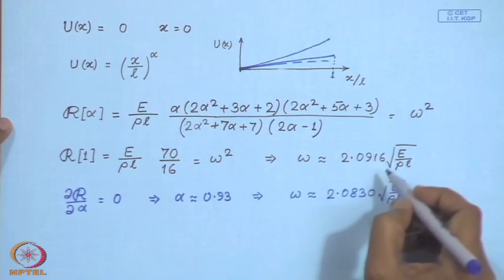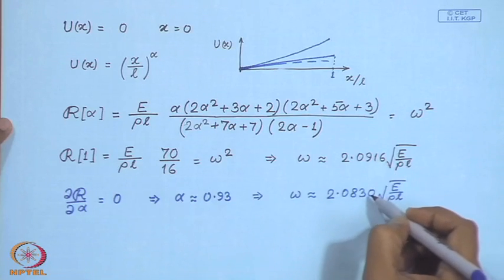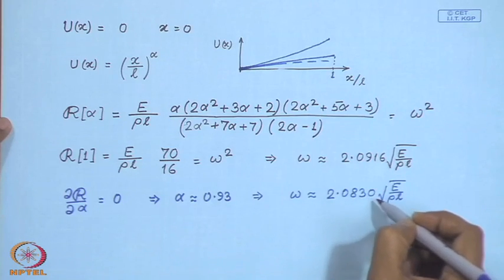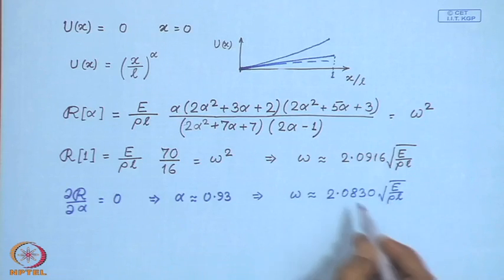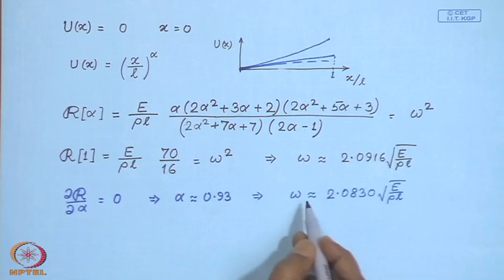So, you see that this value is lower than this. So, this is a better estimate of the circular natural frequency.